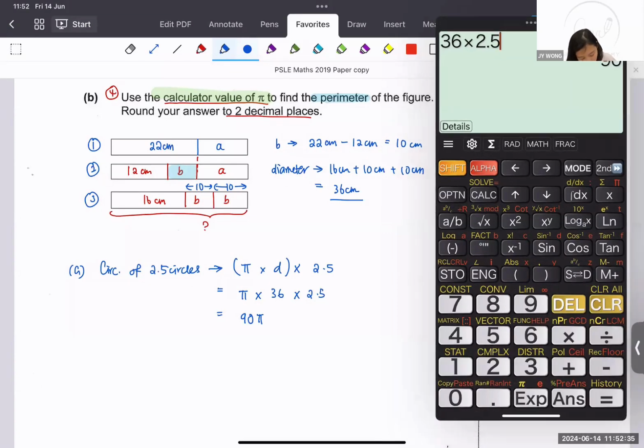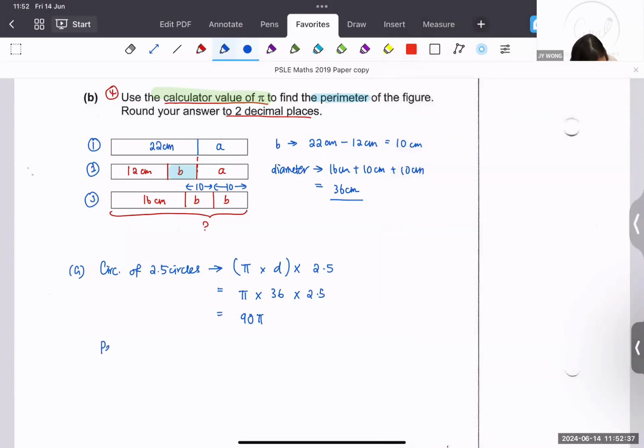So now let's find the perimeter. Perimeter of figure. You will get 90 pi, which is the circumference of the 2.5 circles, followed by 22, followed by 12, followed by 16, followed by 12, and followed by 22 again.